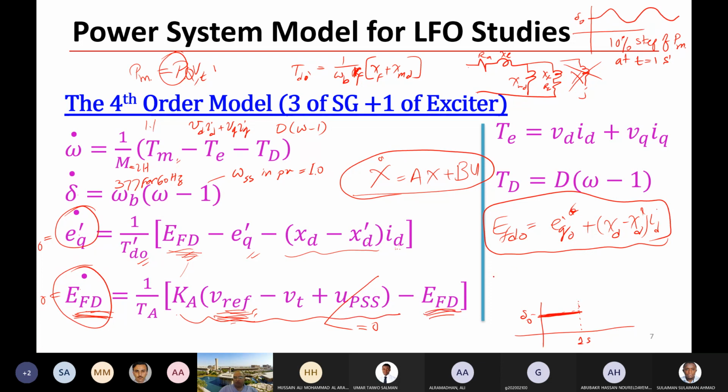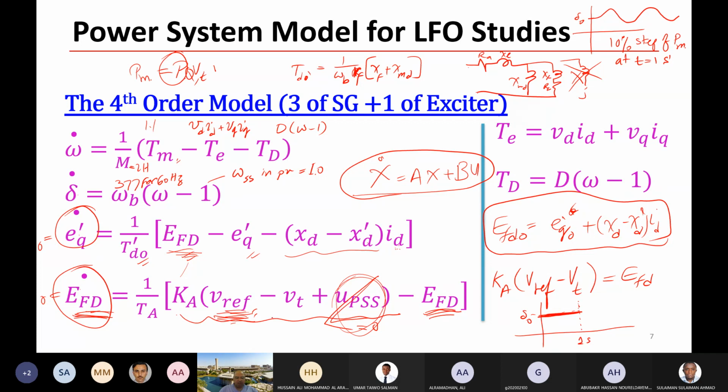So this part, which is KA times V reference minus VT. Of course at steady state there is no PSS. There is no signal from PSS. And this signal comes only when we have a disturbance. If we are talking about steady state, UPSS equal to 0. So this is equal to EFD.